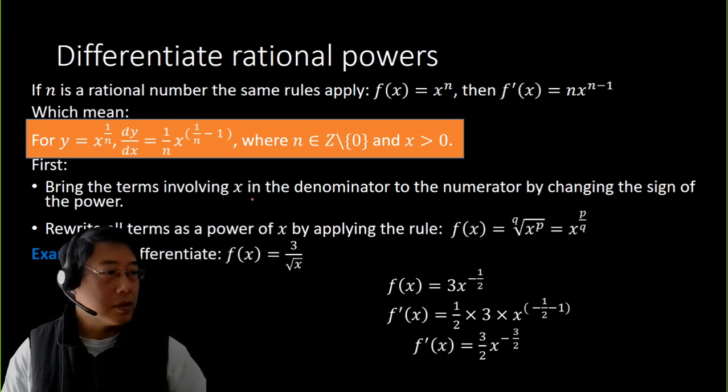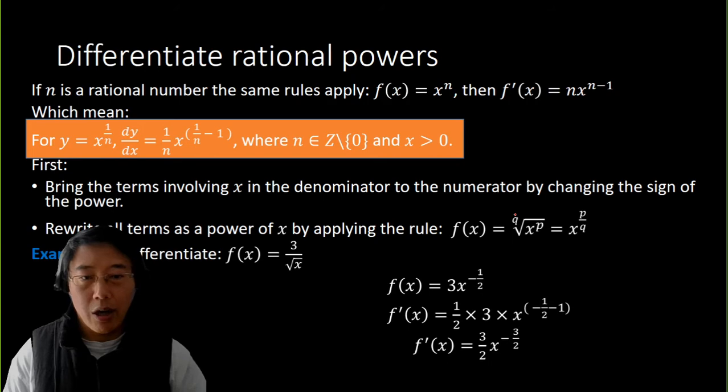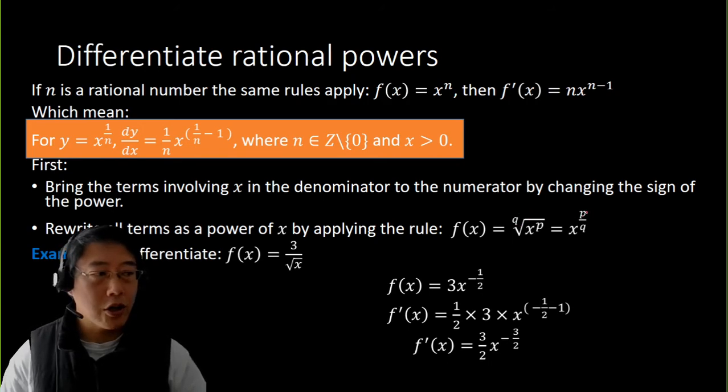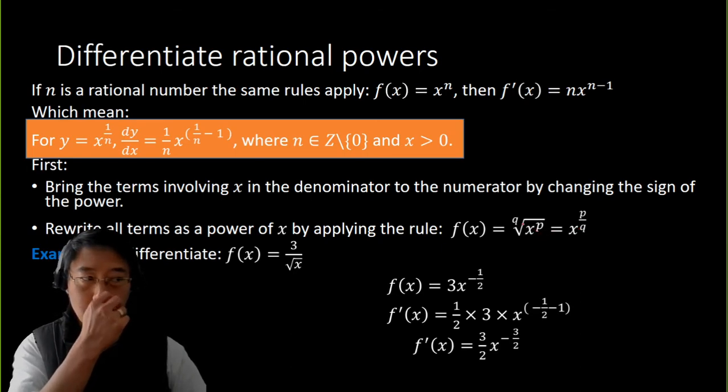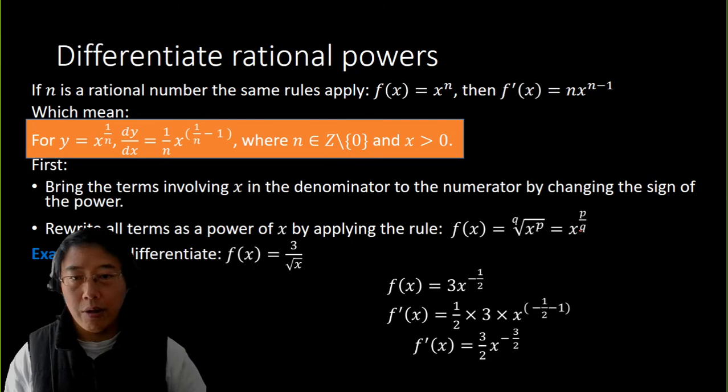So when you have a formula that includes a root notation, you need to turn it back into a fractional power. The q root here is the denominator of your rational power.